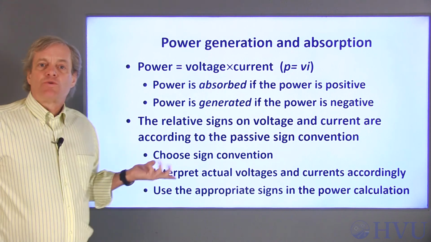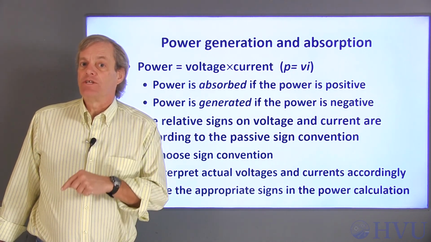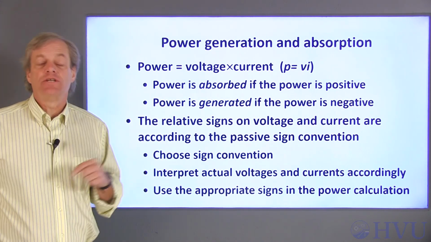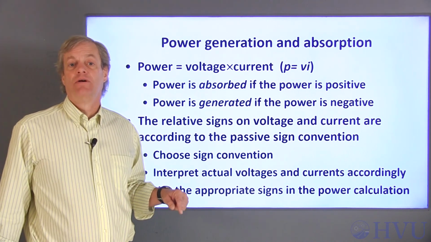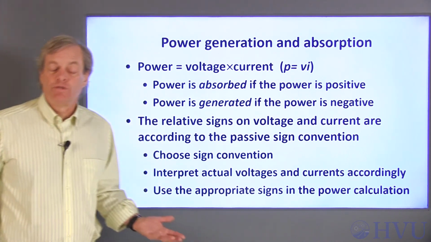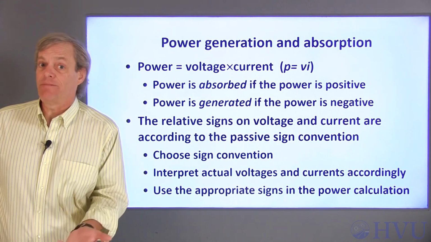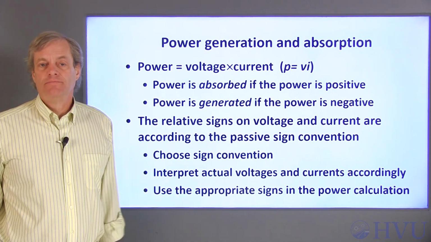So probably the most reliable approach to determine power is to choose an arbitrary sign convention according to the passive sign convention. Once you have your sign convention, interpret your actual voltages and currents according to that sign convention. Finally, use the voltages and currents with the signs appropriate for your sign convention to calculate the power. Let's do a couple of examples next to see how this works.